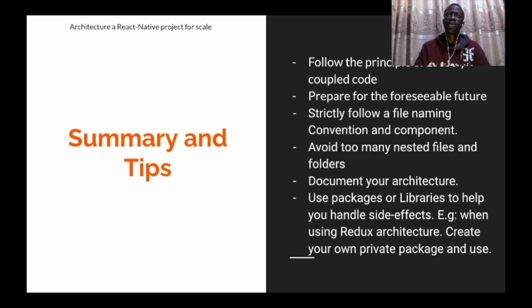Sometimes what I also do is create private packages if there's a need for something to come into the code base that will only be used for a certain amount of time. All I do is create a private package and install it in the application. As soon as it's over, I just pull it out. So we can also do that as well.